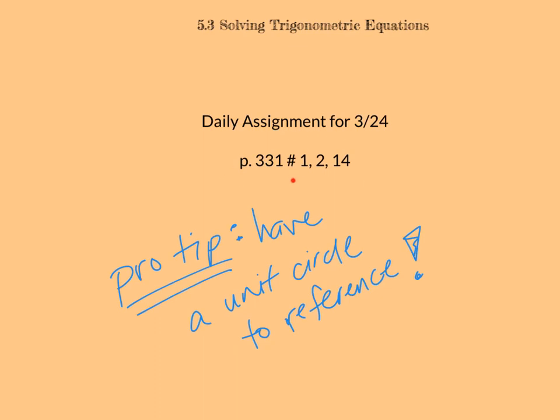This one looks like example 1, this one looks like example 2, and this one looks like example 3. Please note that for 1 and 2, they don't say only on the interval 0 to 2 pi, so you'll have to add a plus 2k pi or plus k pi, depending on if it's sine, cosine, or tan. Then number 14 looks like a factoring one, and it's only on the interval from 0 to 2 pi.